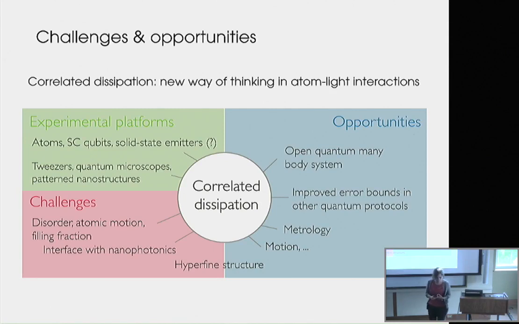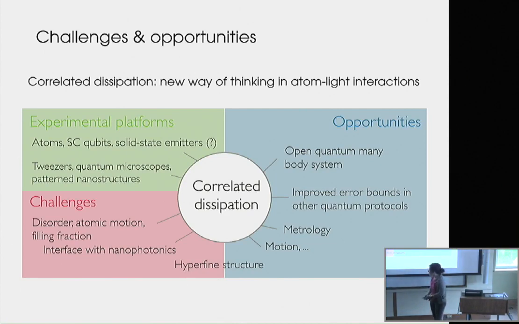I didn't talk about the problems. There are problems, some of them obvious. What is the role of disorder? What is the role of finite filling fraction? What happens if your atoms move? And this is only in free space, but if you now are even crazier and decide to put this close to a nanofiber, well, you have to master that, and this is not trivial. Another thing that can be damaging is hyperfine structure, because as soon as you have 2 ground states, there is one channel of decay that you might not be able to kill due to subradiance, because you cannot establish coherence.